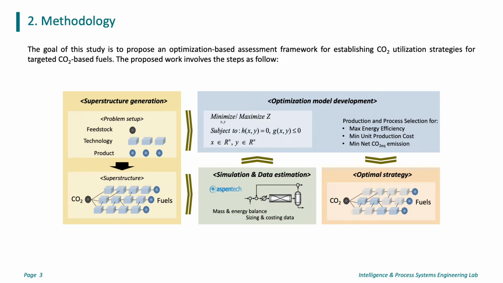Develop a process simulation of every single technology and technological pathway for technical data like mass and energy balance, and also economic data, estimation of cost and sizing. Step 3. Develop an optimization model for decision making with generated data and associated parameters. Step 4. Identification of an optimal solution for a given problem based on a specific criterion like energy, cost, or environmental effect.